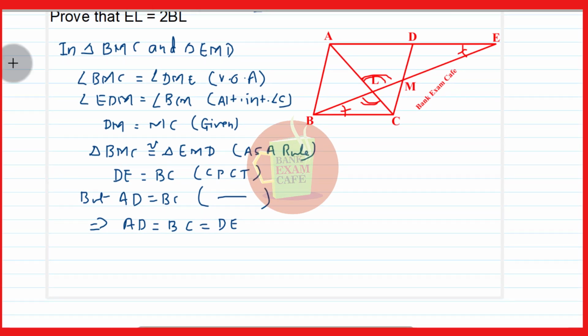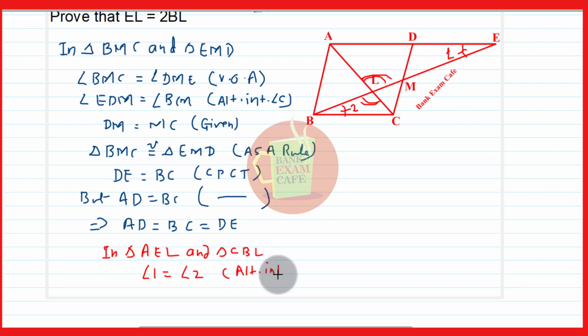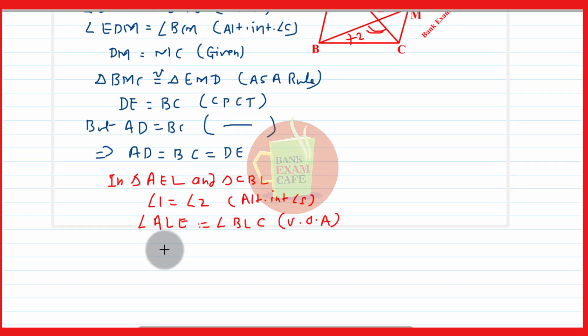Now we will note down up to this, that in triangle AEL and triangle CBL we have, suppose this is angle 1 and this is angle 2, angle 1 is equal to angle 2 because alternate interior angles, and also this angle, that is, sorry, this angle is not AME, this angle is ALE, that is equal to angle BLC because vertically opposite angles, and therefore by AA criteria these two will be similar.